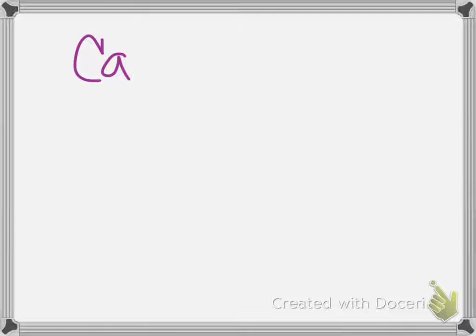What kind of ion? Charge. Calcium forms a 2+. What does oxygen form? 2-. So your first step in writing a formula is always to put your ions up top, and then I tend to do, well, I guess we'll pick this up tomorrow.